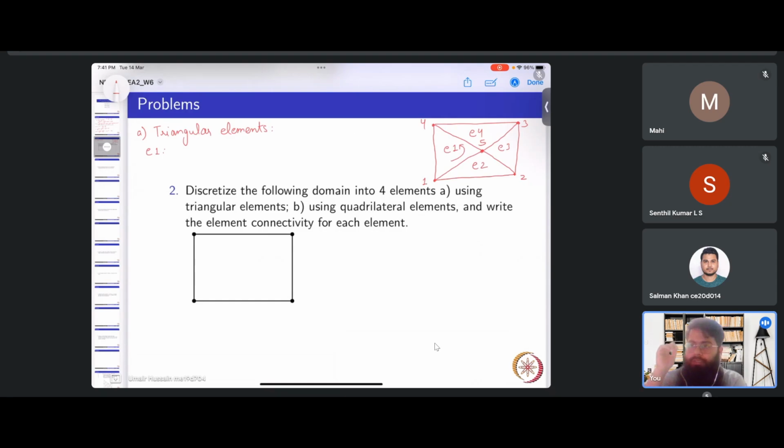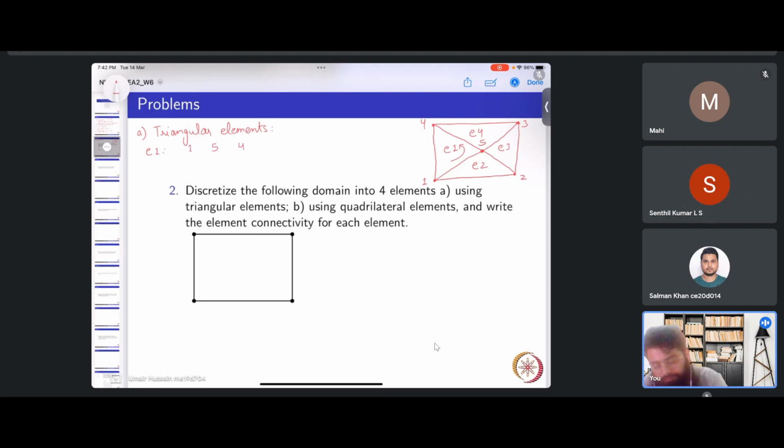Anyone would like to guess? First element 1, 5 and 4, sir. One, 5 and 4, because 5 is common. Yeah. So connectivity means we give the sequence of the node numbers. So it's a triangular element, so we have a three node sequence. So we have 1, 5, and 4.